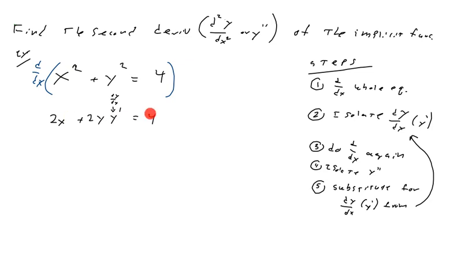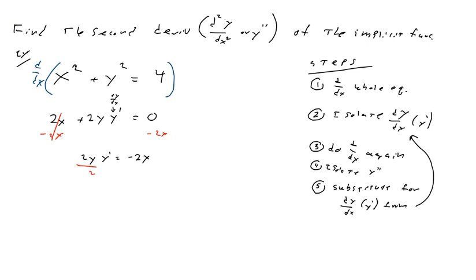So here's this equation. We're going to isolate this y prime, same way we did before. We're going to minus the 2x on both sides. Oh, equals, not equals 4. Equals 0, everybody. The derivative of 4 is 0. Minus 2x on both sides: 2y y prime equals negative 2x.